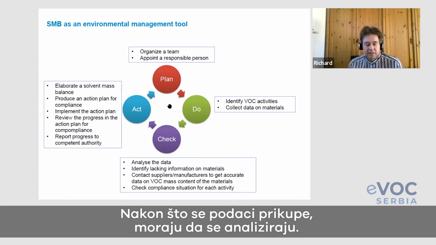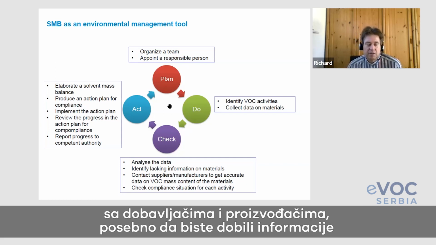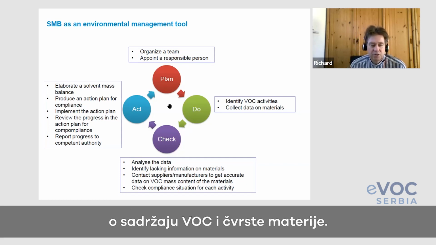After the data collection has been done, you must analyze the data, and for sure you can assume that you will have lacking information, so you must contact your suppliers and manufacturers, especially to get information on the VOC content and on the content of solids.